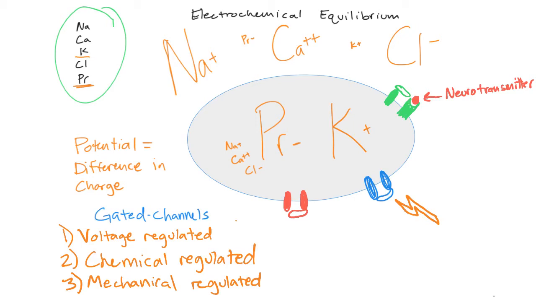So I'm going to draw a finger here, using the power of touch. It deforms the membrane, and then that causes it to open. Ions flow in or out of the cell.